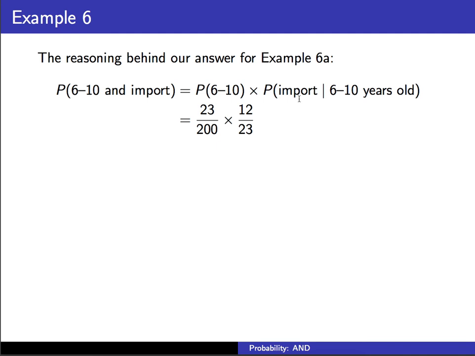Now the probability that it is an imported car, given that it's 6 to 10 years old, so there's 23 of those cars, and 12 of those cars are imported, so we'd multiply it by 12 out of 23. These 23s are going to cancel each other out, giving us 12 out of 200, or 3/50ths, so 6%.